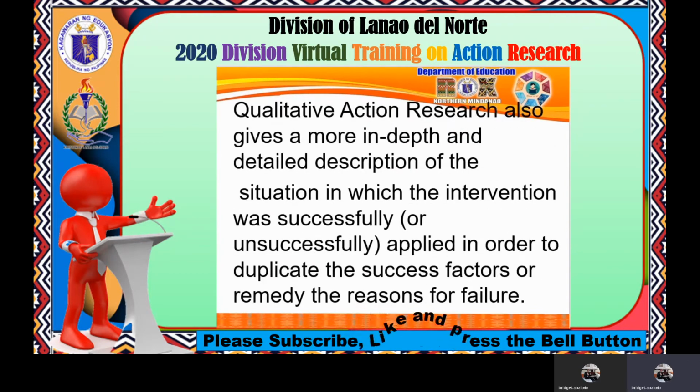Also, qualitative action research gives a more in-depth and detailed description of the situation in which the intervention was successfully or unsuccessfully applied, in order to duplicate the success factor or remedy reasons for failure.